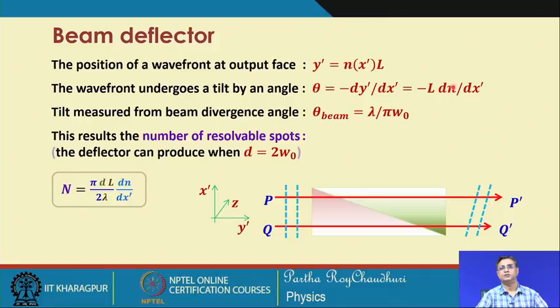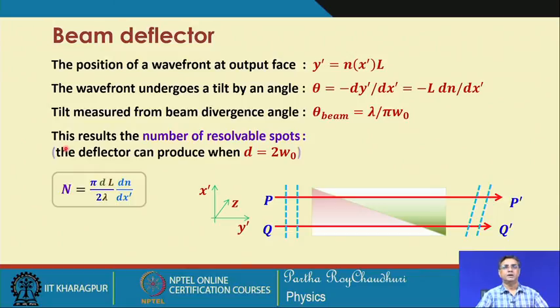This is the differential change in the refractive index over the length dx, and that gives you the beam divergence angle, which can be calculated as lambda by pi omega 0, where omega 0 is the spot size, the width of the beam.